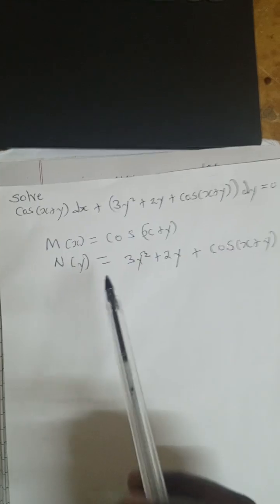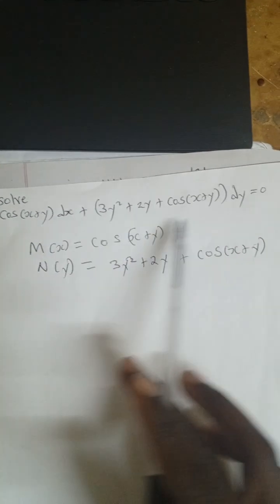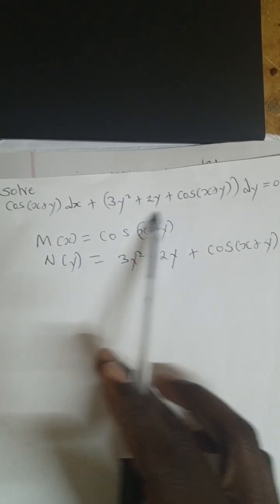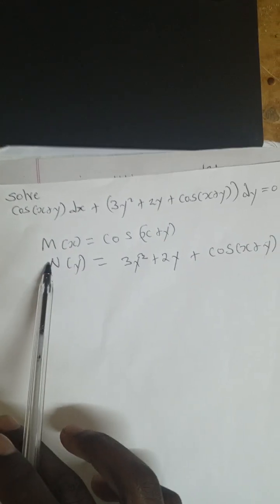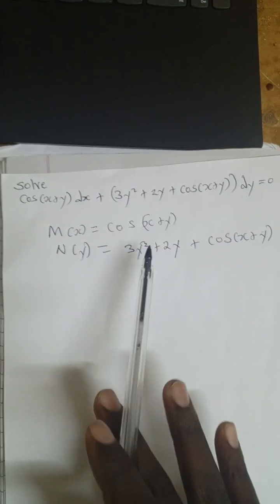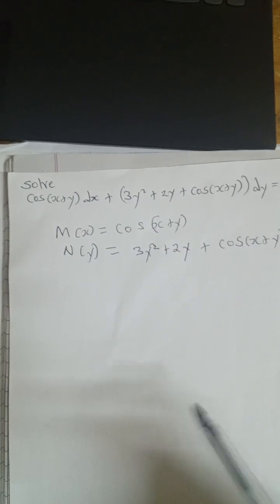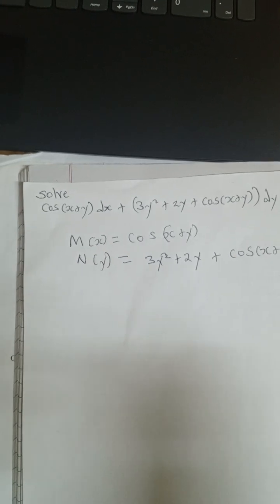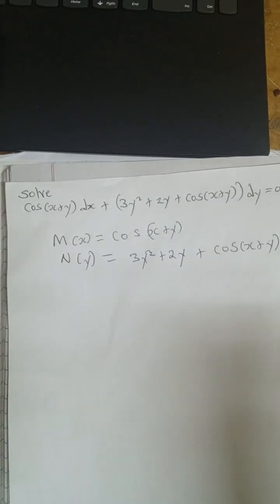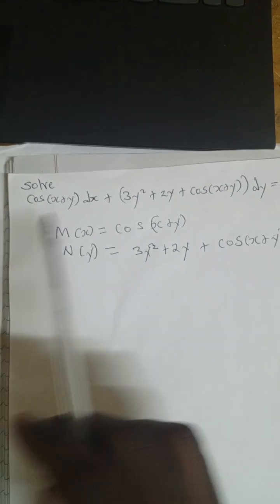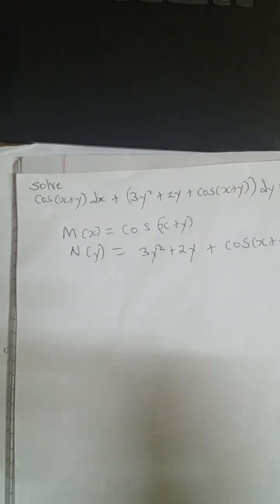Now, how do we prove if this equation is exact? We'll differentiate this function of x with respect to y and differentiate this function of y with respect to x. If the answers we get are equal to each other, equivalent to each other, then it will prove that this ordinary differential equation is exact.